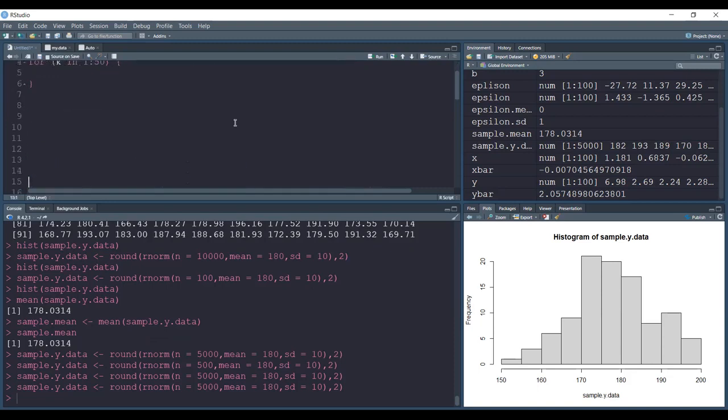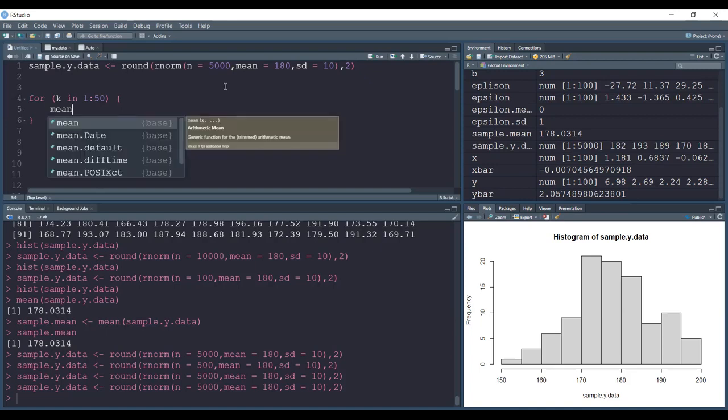Let's do it like this. So I've created 5,000 observations, but I'm going to say the first 100 or one observation. And then we need to calculate the mean. So what if I said mean?